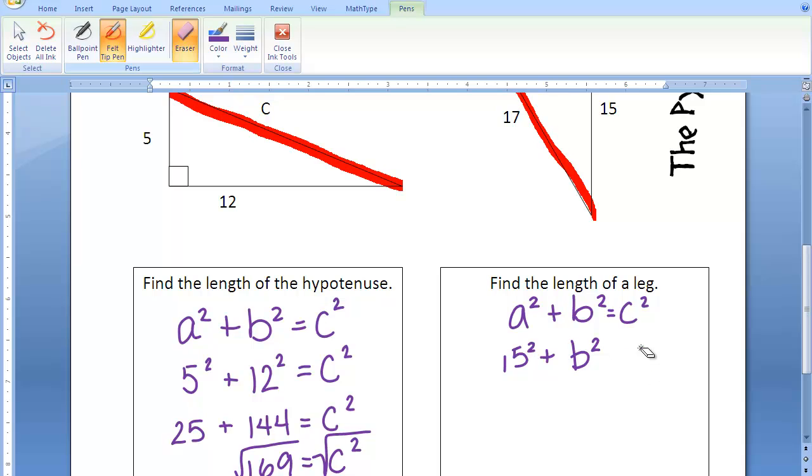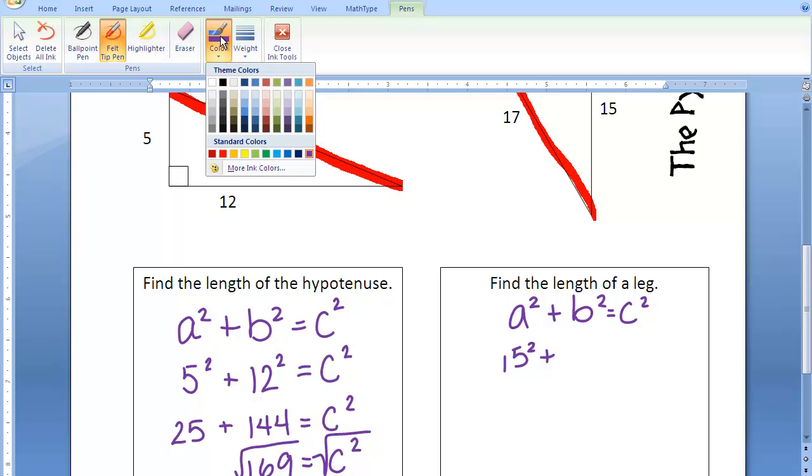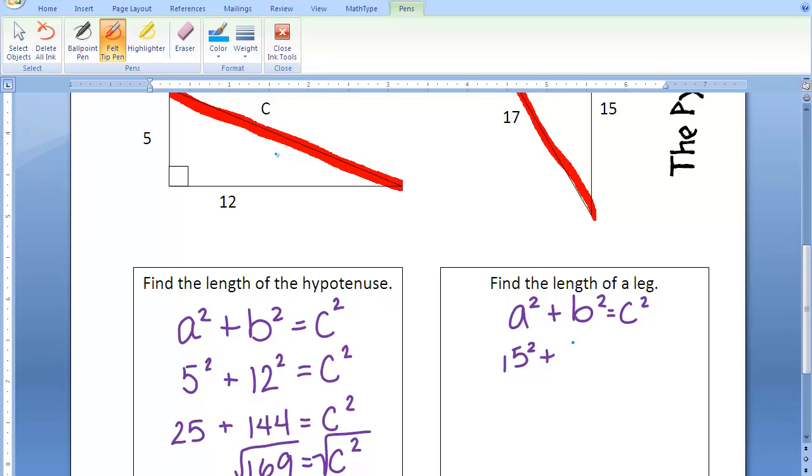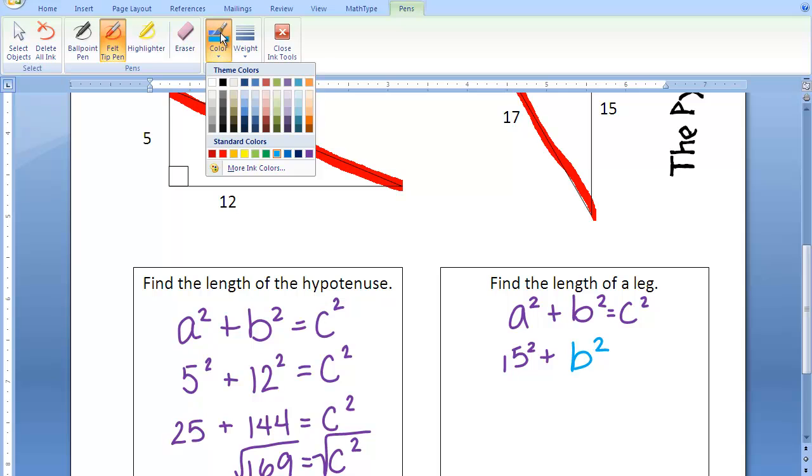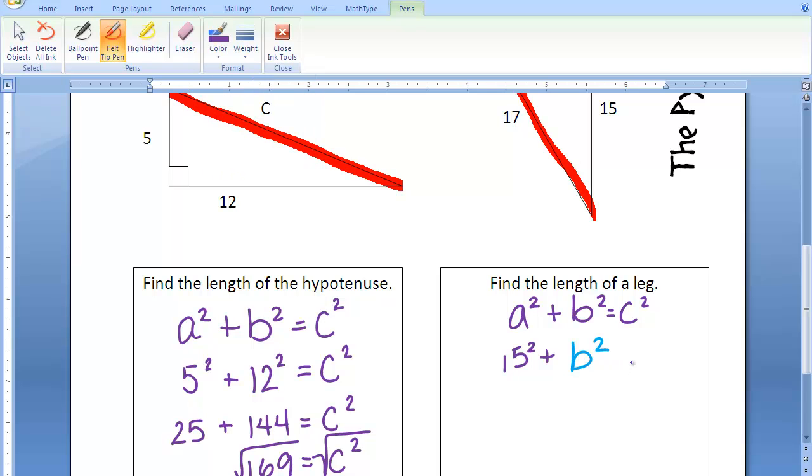And in fact, I think what I'd like to do, just to emphasize the fact that we're doing one of the legs, is I'm going to pick that color blue that I was using to highlight it. B squared. And equals 17 squared.